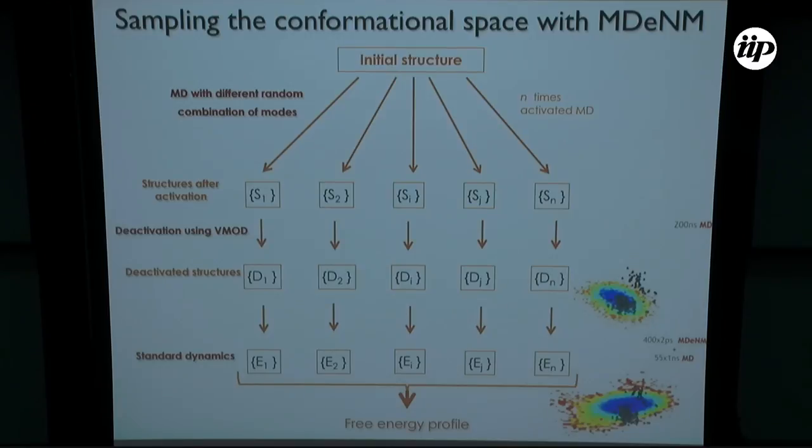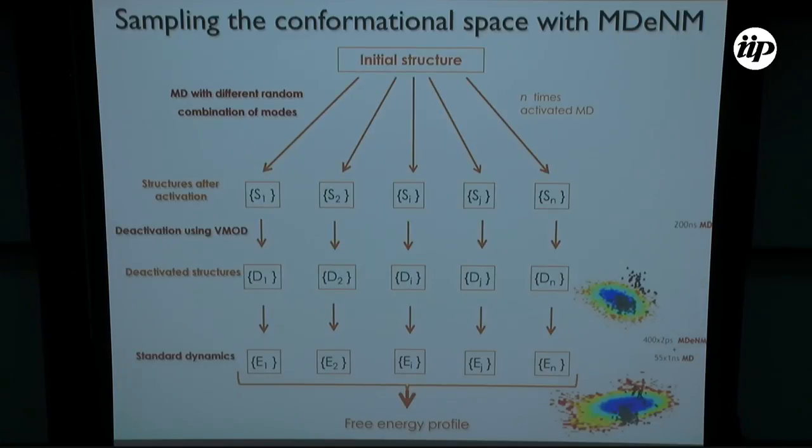This technique does the following: from an initial structure, we calculate the normal modes, and in the direction of these normal modes, we generate random directions. Along these random directions, we explore the conformational space a little using molecular dynamics. This is what we call excited states, and then we let the system relax a little.